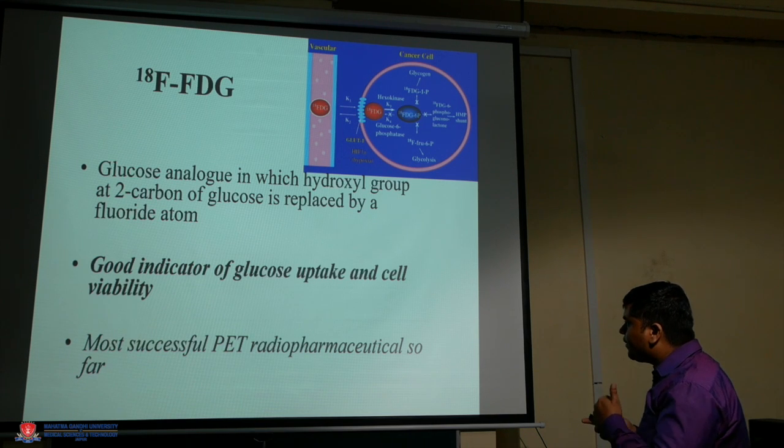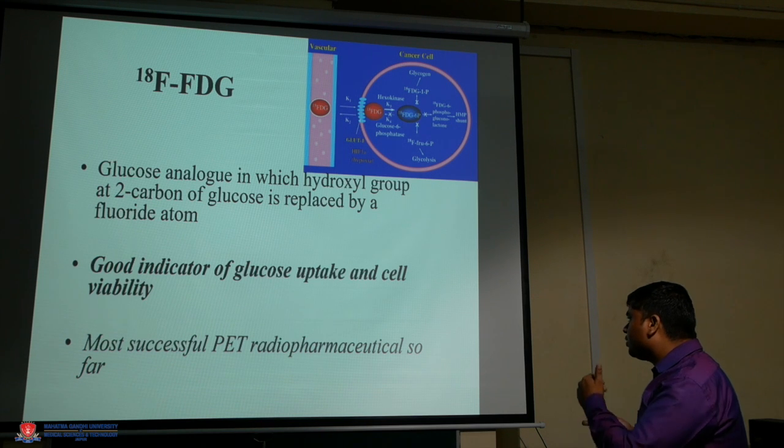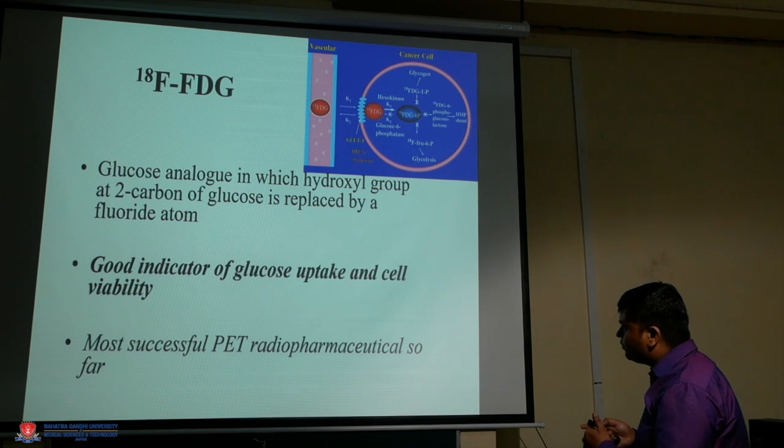Cancer cells are rapidly dividing cells, so they consume more glucose compared to normal body cells. They take more glucose for their division as well as nutrition. So we tag glucose with F18, converting it to F18 FDG. It is concentrated in rapidly dividing cells and is detected by the PET-CT system.